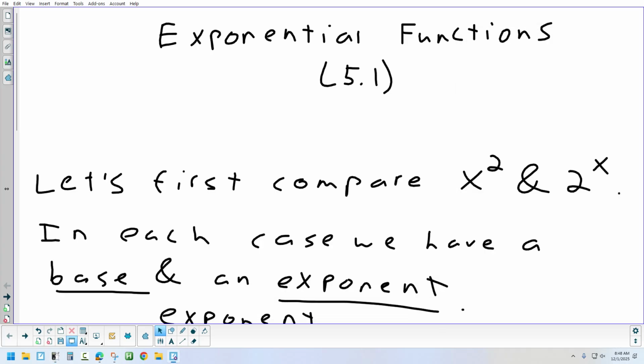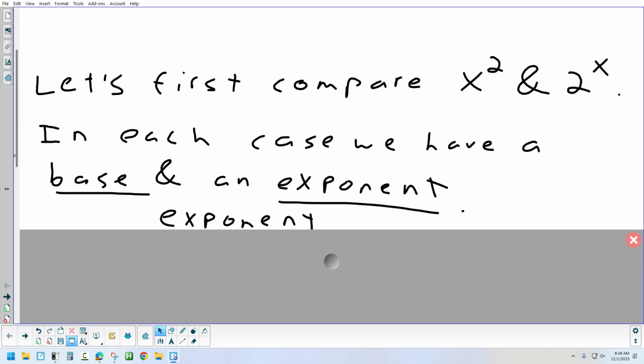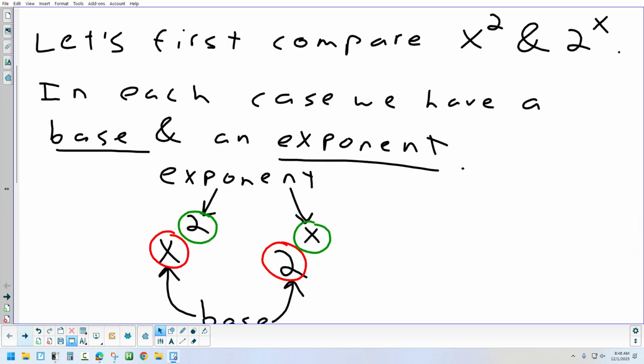So in each case here, we have a base and we have an exponent. With x squared, the base is a letter, and the exponent is a number. Whenever you have a base that's a letter and an exponent that's a number, that's the kind of functions we studied a lot in chapters 2 and 3.